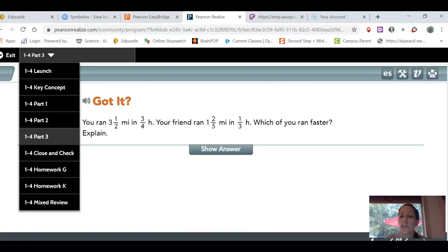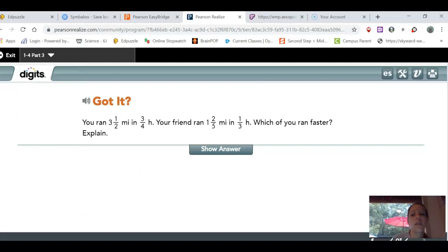When you have that done, check your work. Make sure your work is accurate and it matches that in Realize, but you should not be pressing show answer until you think you have the answer right. You've all talked it through. Just remember, change this right here, this 3/2 and this 1 2/5, when you write it into an improper fraction, and then you should be able to solve it.